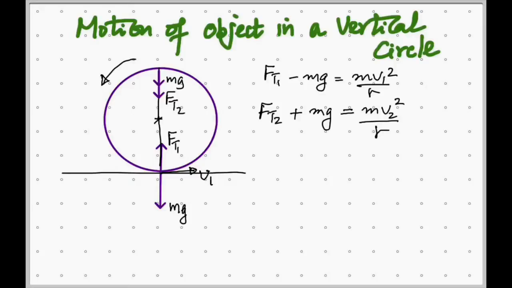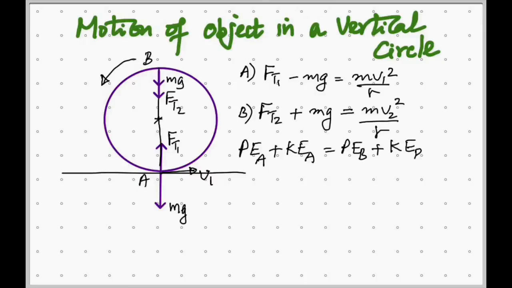And so according to the conservation of energy, the total energy should be the same at A and B. So potential energy at A plus the kinetic energy at A is equal to the same at B. That's it. With those two, you can absolutely do any problem. And a little bit of thinking.